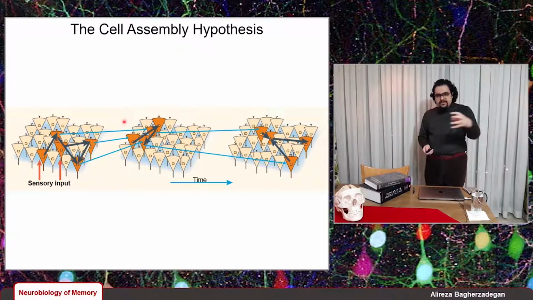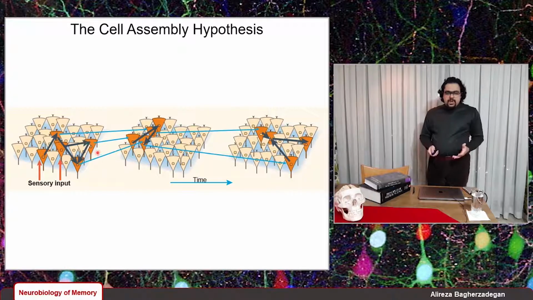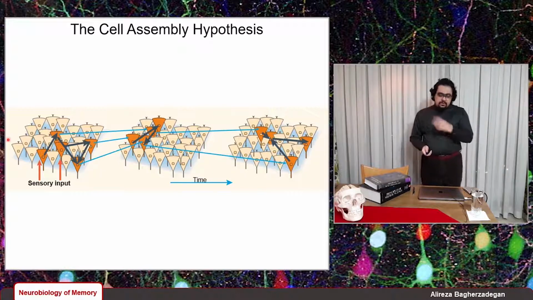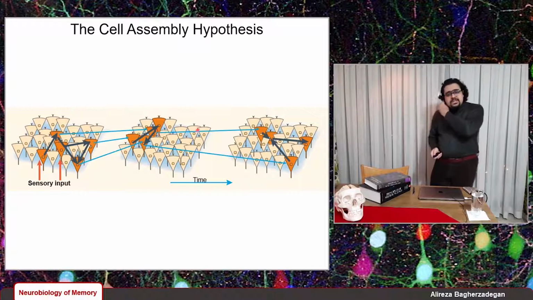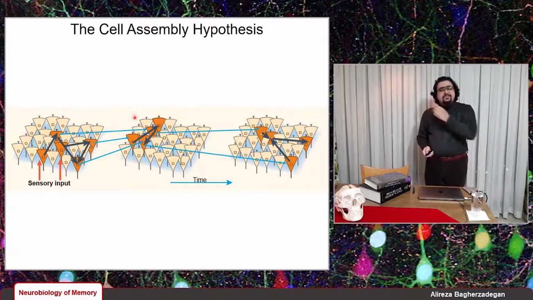Finally, that phase sequence, that chain of activated cell assemblies, is going to evolve based on the principles of network dynamics and the neuronal dynamics of the neurons in the cell assemblies. The evolution of that phase sequence is hypothesized as the cellular substrate of internal cognitive processes.